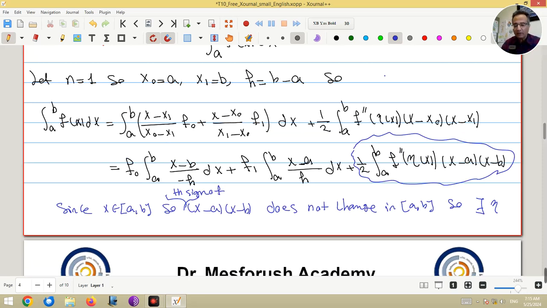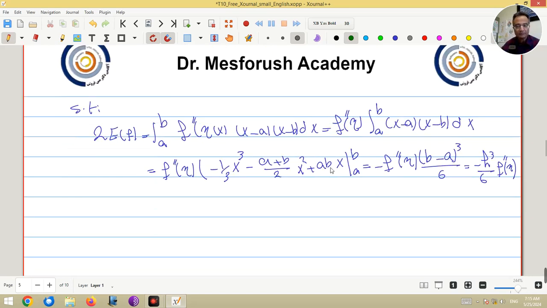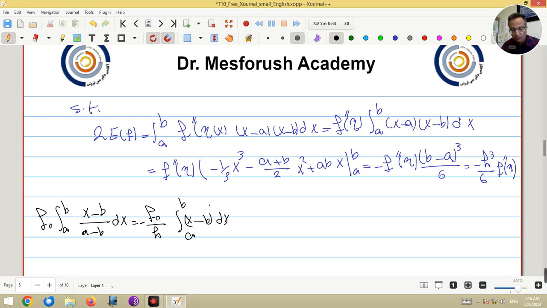In fact, this integral, and also this integral. Let me do it. First, f0 integral from a to b of x minus b over a minus b dx. This is minus h. So f0 over h, I have a minus here, integral of x minus b dx from a to b.